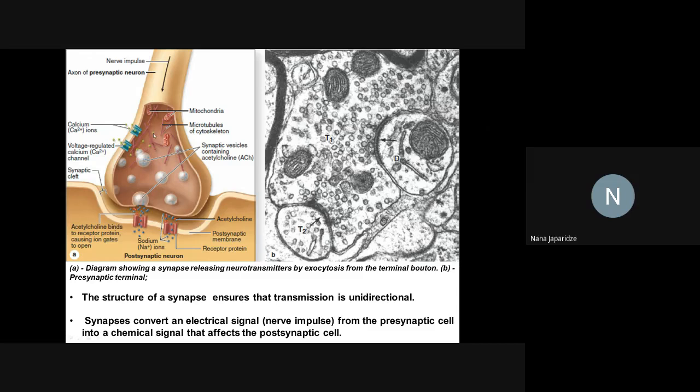Via these microtubules, the vesicles reach the presynaptic part. But you know, when they reach this part and when they become empty, then later they are refilled with a transmitter.